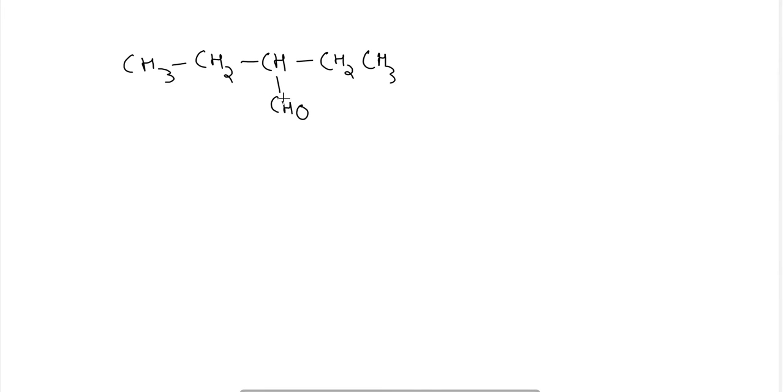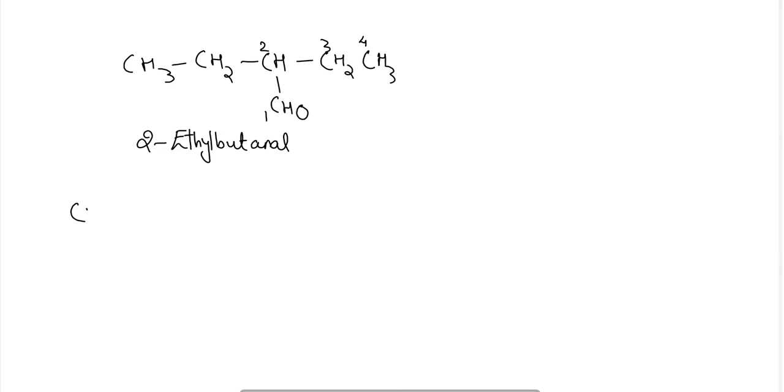The longest chain can either be the left-hand chain or the right-hand chain, which is containing the functional group here. According to this, the name of this compound will become 2-ethyl. At the second carbon atom we can see that an ethyl group is attached. The chain is of 4 carbon atoms, so 2-ethyl butanal.